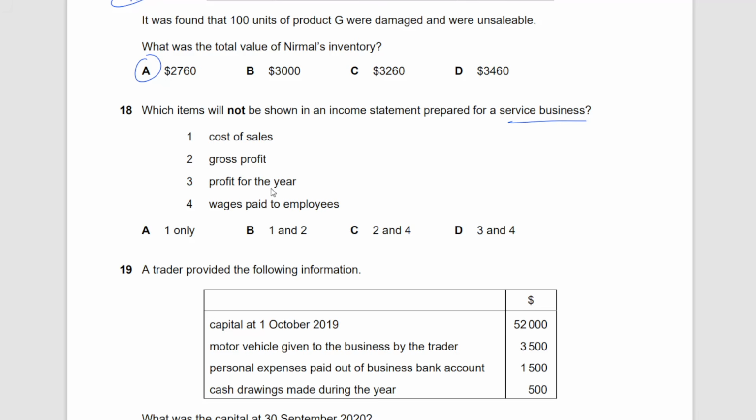Wages will be paid. We have to give two options. Gross profit and cost of sales won't be there, because gross profit is found in which section of the income statement? The trading section. Do we have a trading section for a service business? No, we don't. So if we don't have a trading section, we do not have gross profit. So that is 1 and 2. It is not part of a service business.